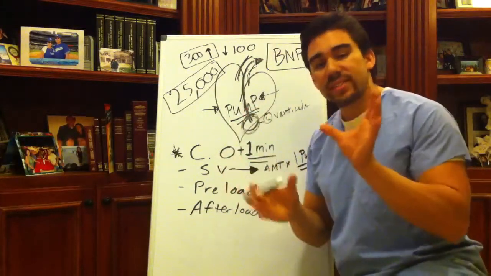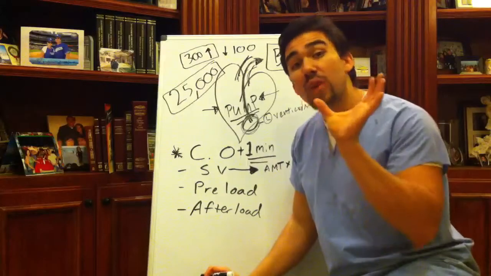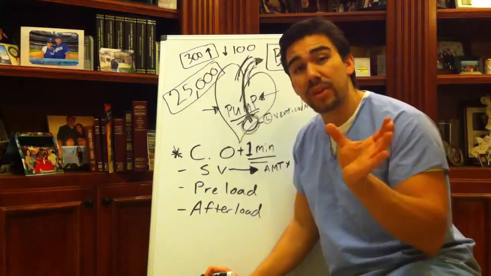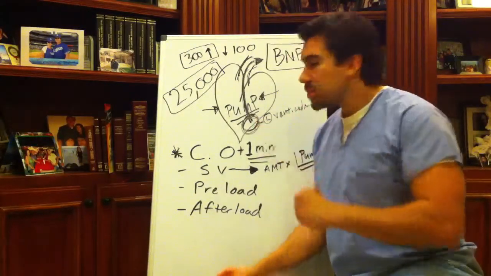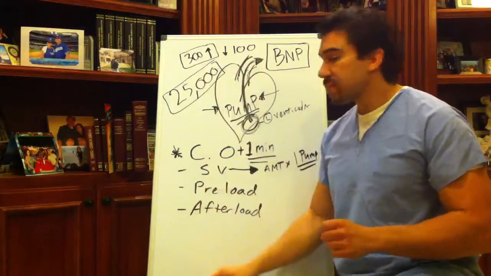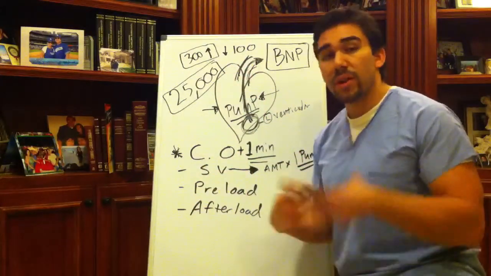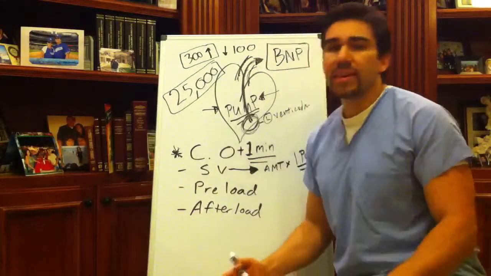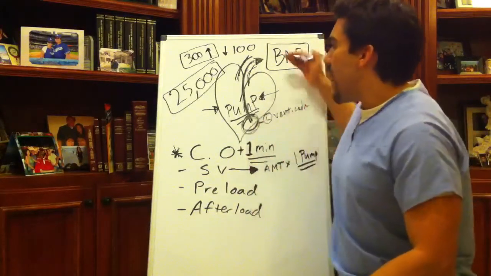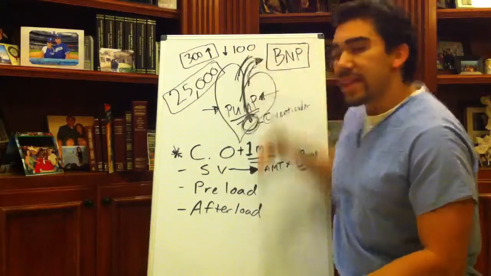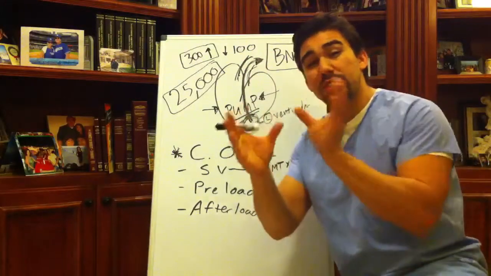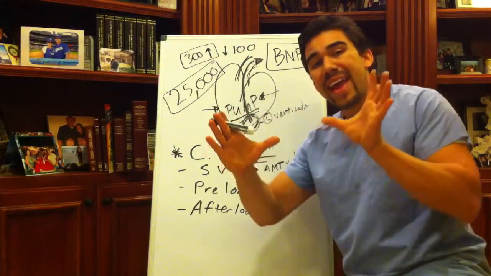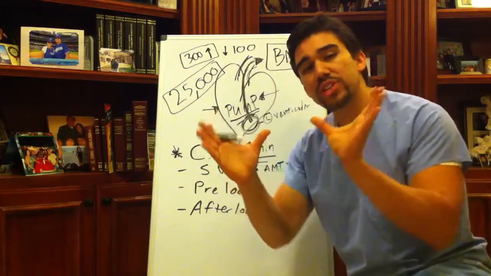How much does this ventricle have to really try hard to squeeze? That's your afterload. So, in patients with CHF, or congestive heart failure, or hypertension, or cardiopulmonary disease, you have a backup of pressure into that left ventricle, causing a bigger stretch, a bigger preload, and the afterload is really trying its hardest to squeeze.